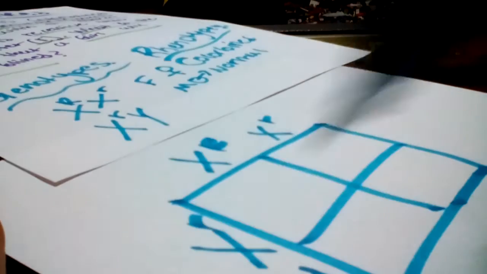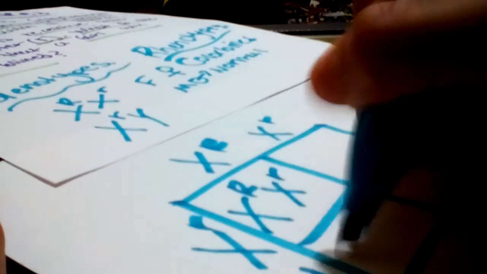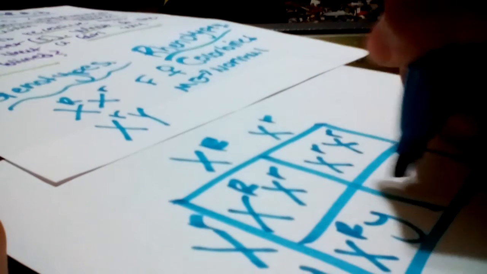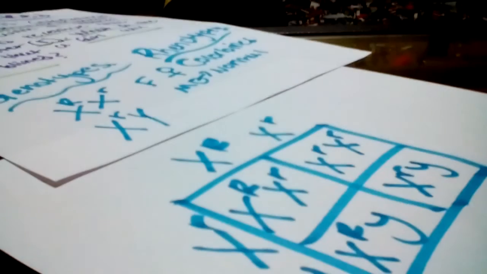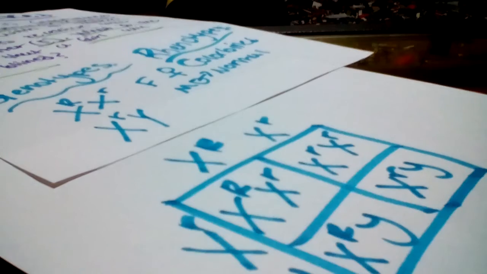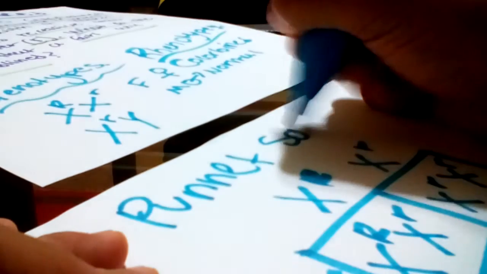Remember, it goes like this. So X^R X^r, X^R Y, X^r X^r, X^r Y. Remember, to understand this video, you need to know how to fill in the Punnett square before you get into the video. Okay, so that is our Punnett square.